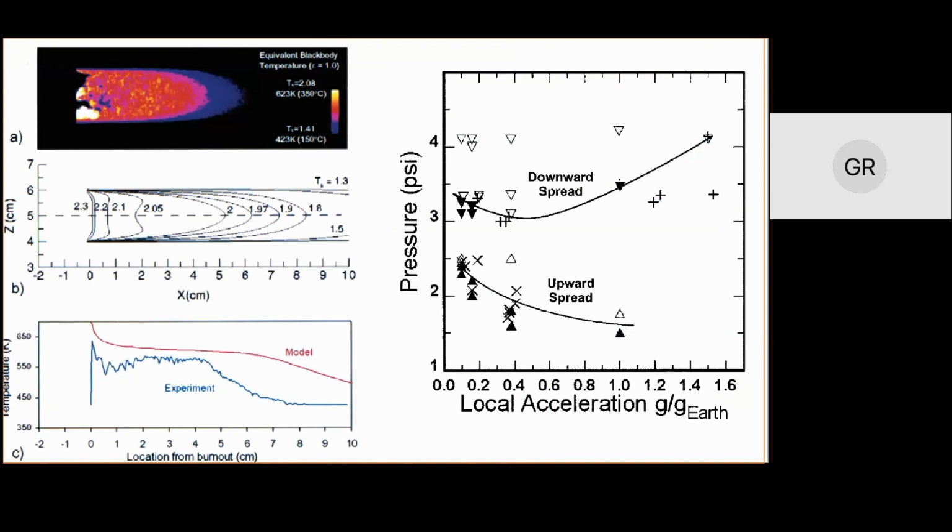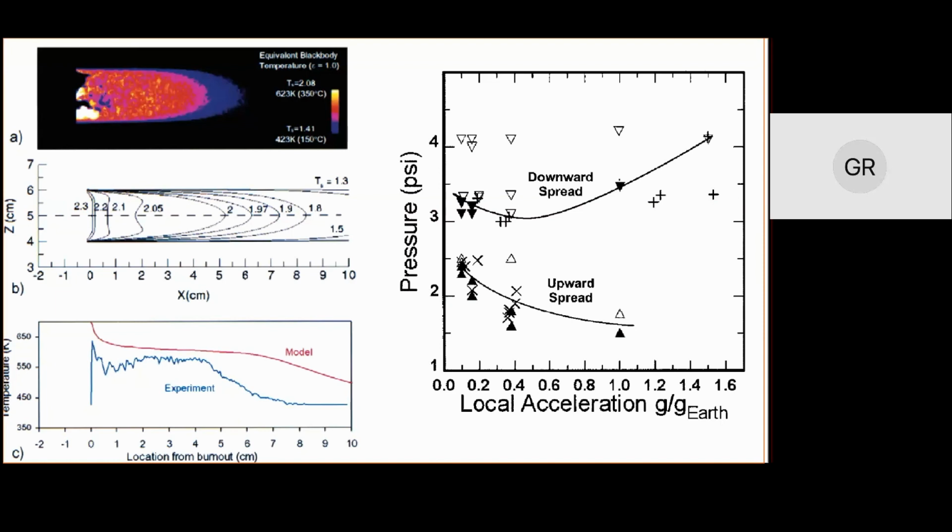Okay, on the top left is an infrared picture of the flame, and the next one is a model, which has temperature, and the temperature is 300 degrees. The down left is the comparison of surface temperature, so the model is actually reasonably good. On the right, we see gravity versus pressure. Everything is done at 21% oxygen.